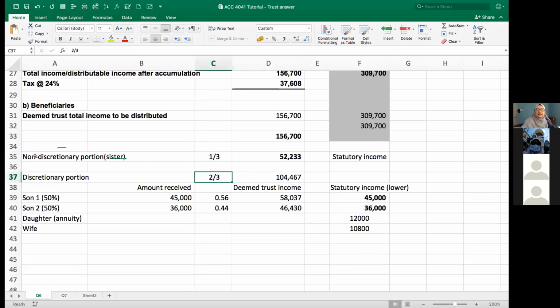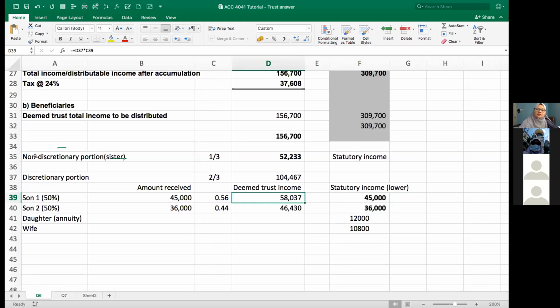Alright. But half-half maknanya son 1, son 2, half-half. Deemed trust total income. Sekejap kenapa ni tak sama. Mana you dapat D37, C39? Can you help me?